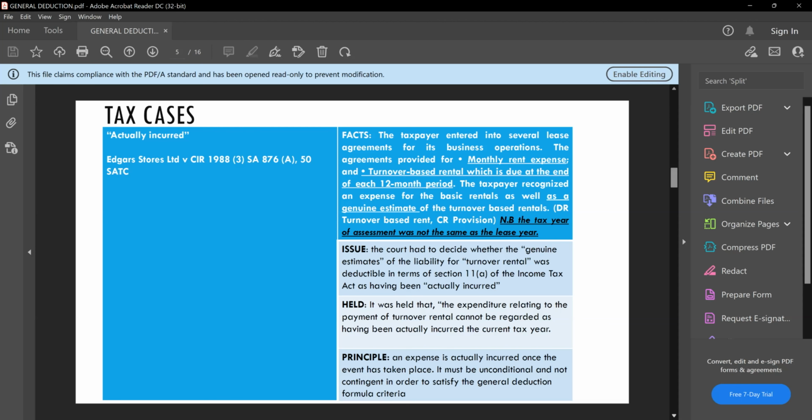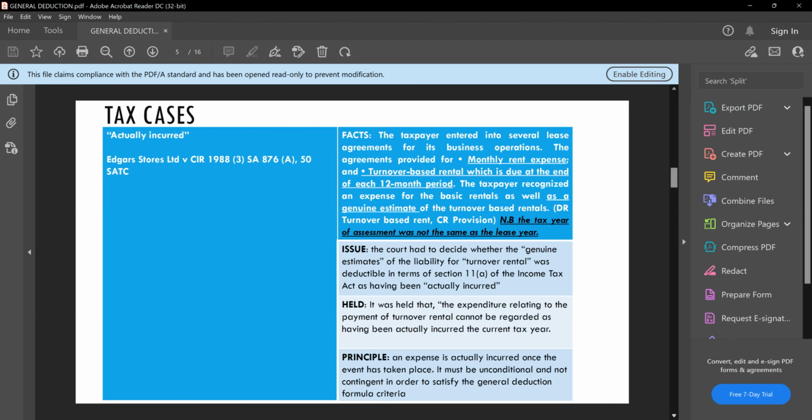The taxpayer then went on to debit the turnover-based rent and created a provision.